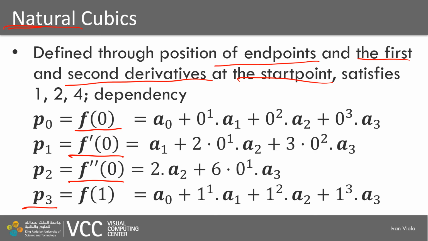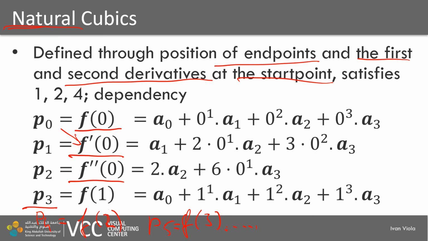Of course, for piecewise cubics, P4 will then be defined at F2, and P5 will be defined at F3, etc., which will be the positions of our points, and the corresponding derivatives will be computed later on.